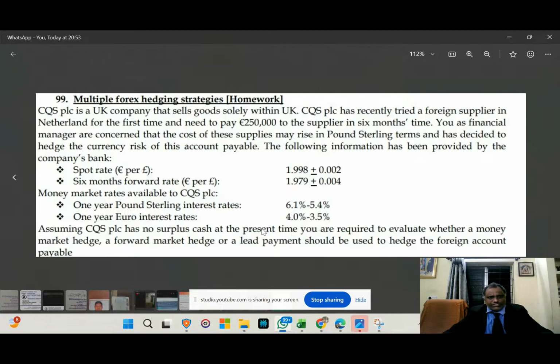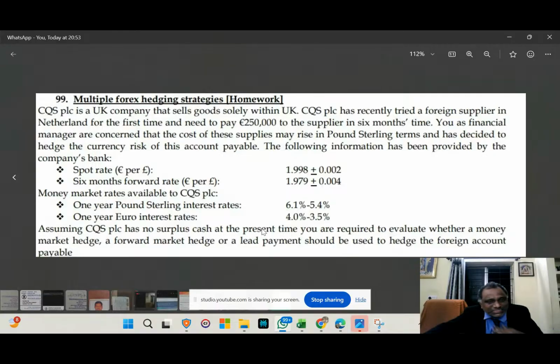Spot rate 1 euro per dollar is 1.998 plus or minus 0.002.